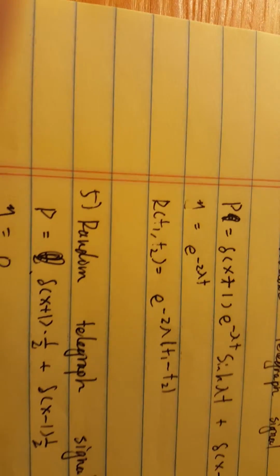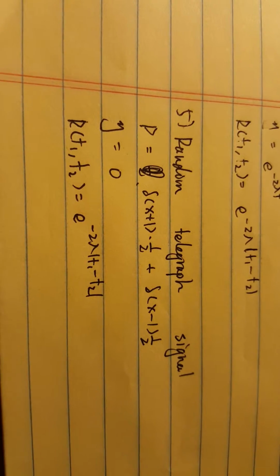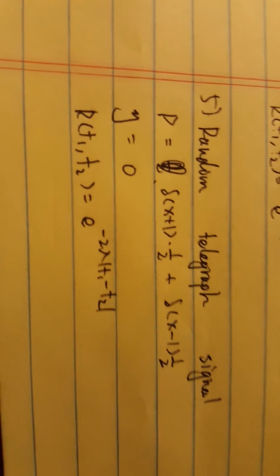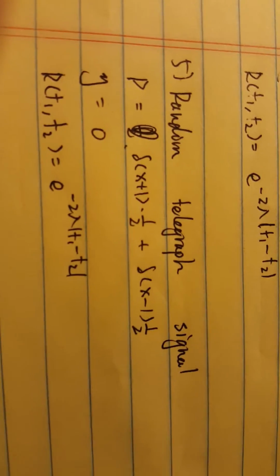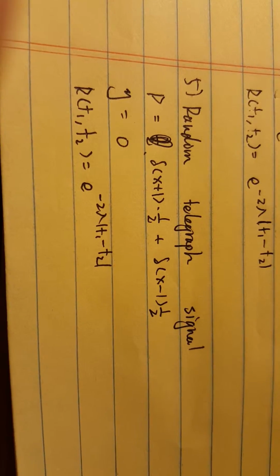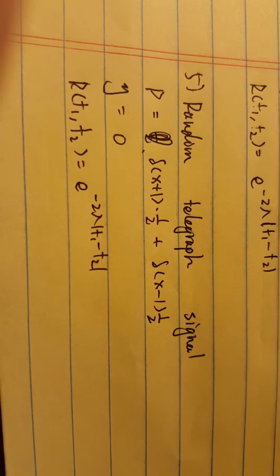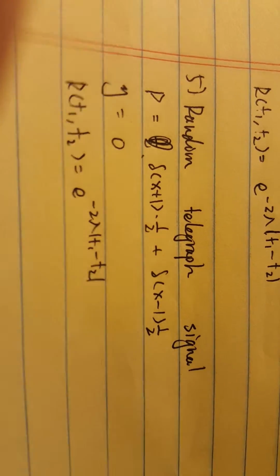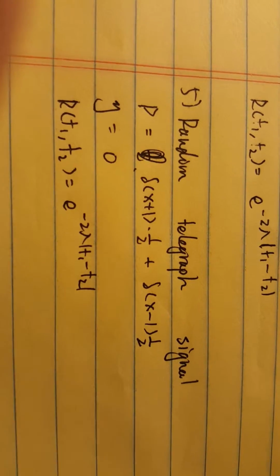They have equal probabilities. So in that case, the mean of the process is just equal to 0, and the autocorrelation function is equal to e to the minus 2 times lambda times the absolute value of t1 minus t2.